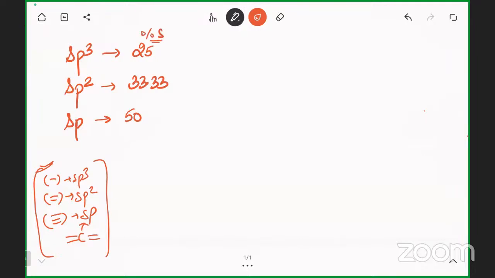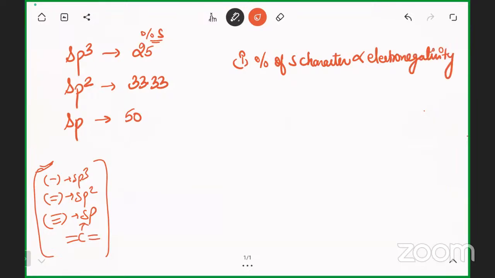What you have to remember. First thing you have to remember is that the percentage of S character is directly proportional to the electronegativity.